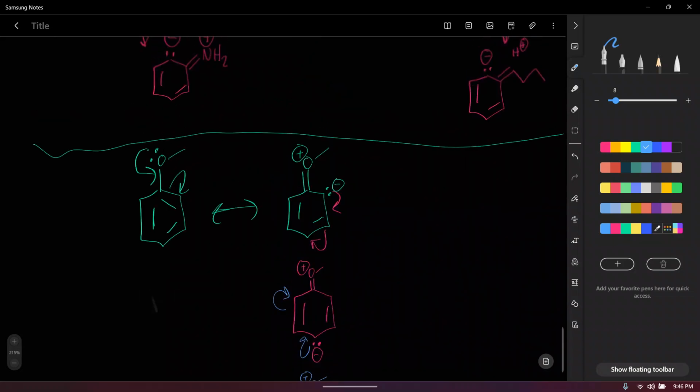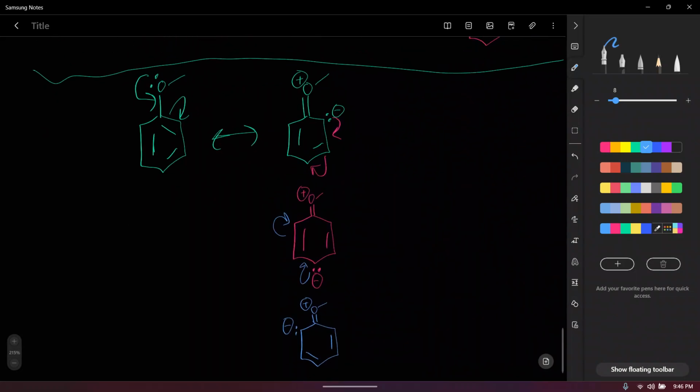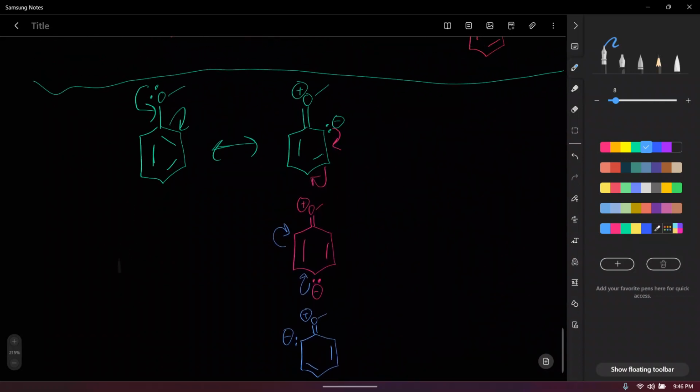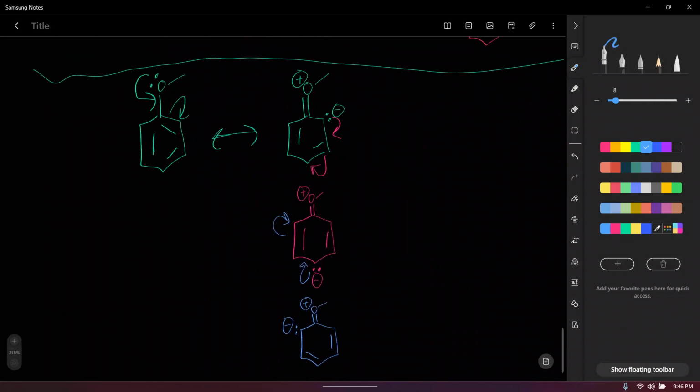What I want you to see is that when you have an electron donor, something with a lone pair, it's pushing electron density into the ring, but it doesn't push electron density equally over all 6 carbons. If you notice, and you can do this via the resonance structures, the carbons that actually get the electron density are the 2 ortho positions and the para position.